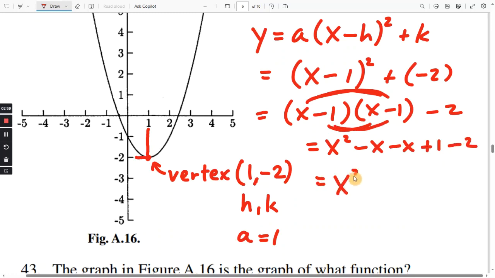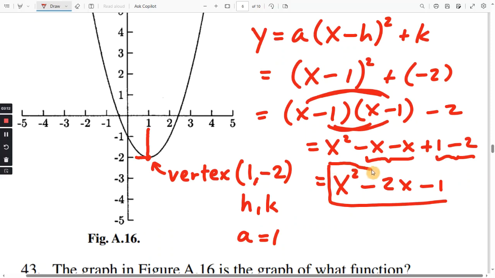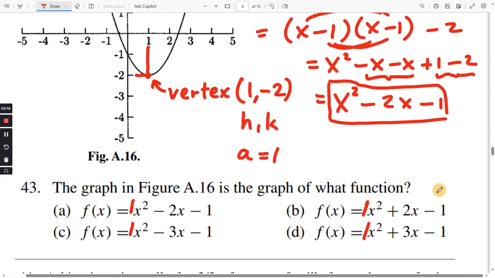Combining the likes, we have an x squared, x minus x is -2x, 1 minus 2 is -1. So that is your parabola equation. Answer A.